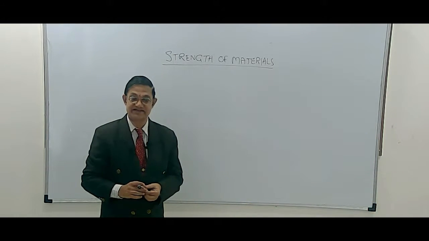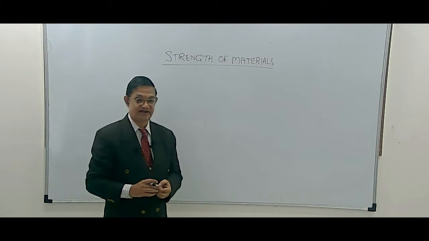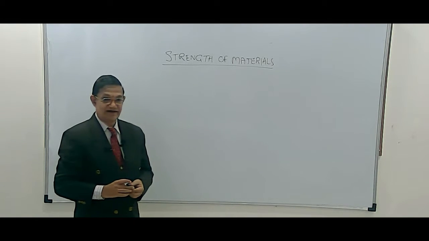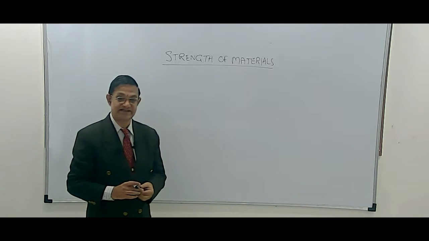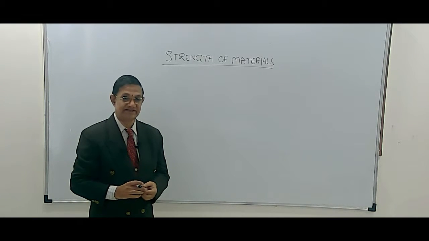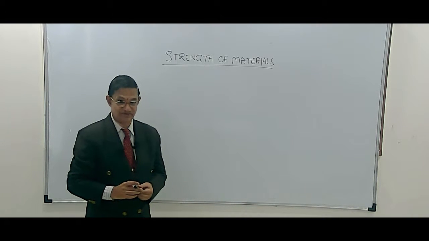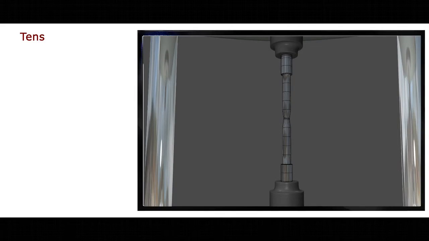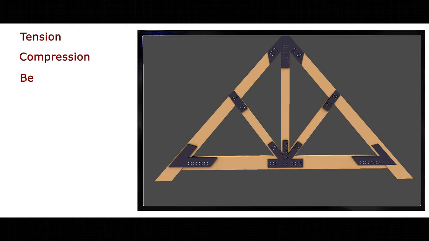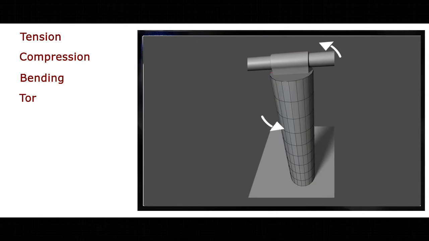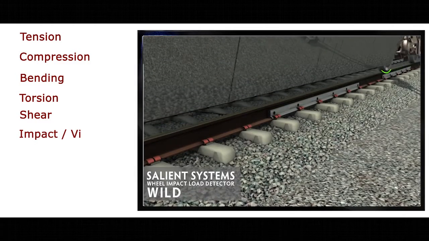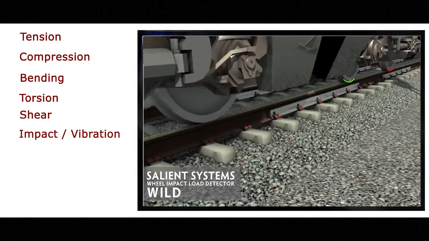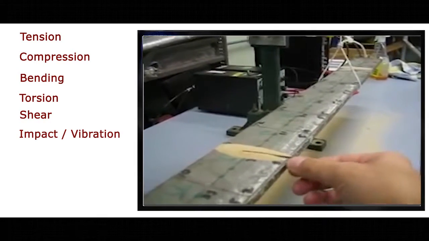Understanding these basic materials, we now try to focus on the requirements of strength of these materials. There are 6 basic types of strength that the materials are subjected to. One is tension, then compression, then bending, followed by torsion, shear associated with bending, and then impact, stroke, vibration.